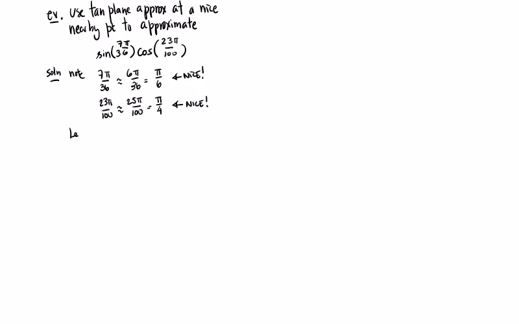So what we'll do is define a function, f of x, y, to be sine of x, cosine of y. And then what we're trying to find is f of 7 pi over 36, 23 pi over 100. That's the goal.